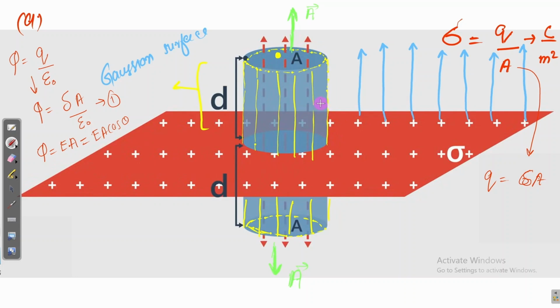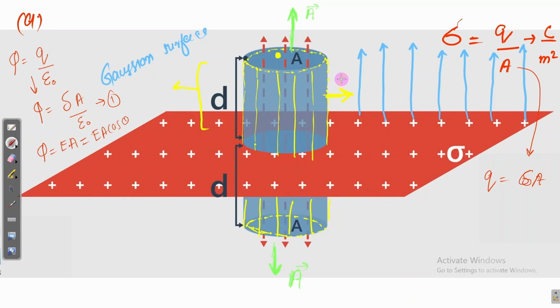Through the area of the walls of this cylinder, the direction of the area is perpendicular to the surface. So on the right side of this cylinder, the direction of the area is from left to right.